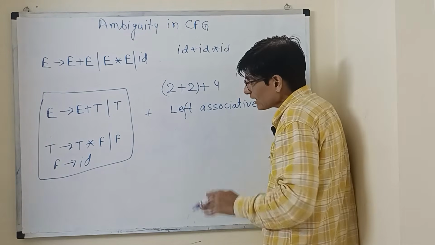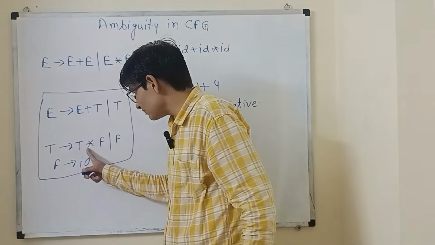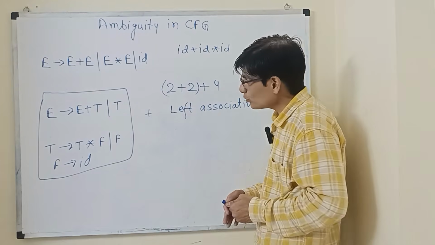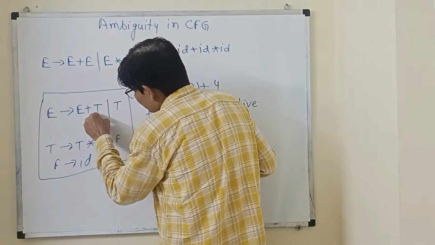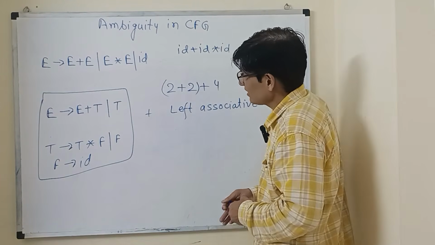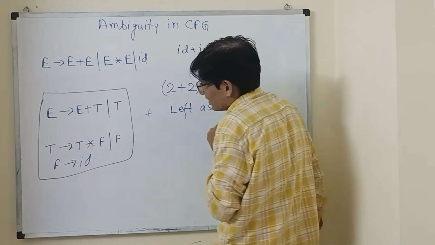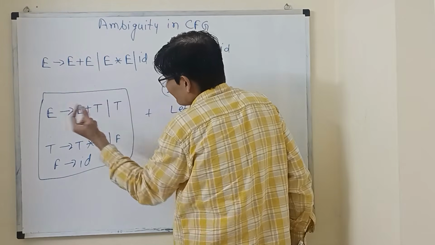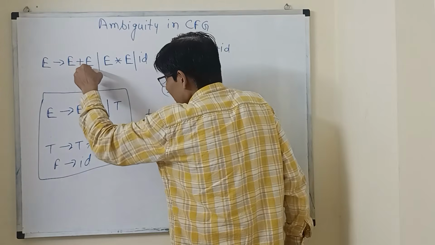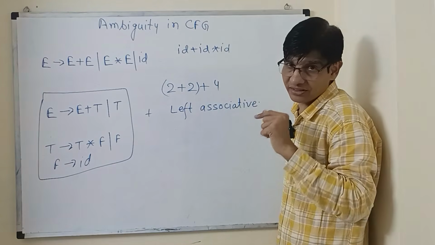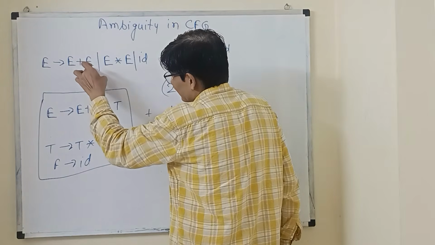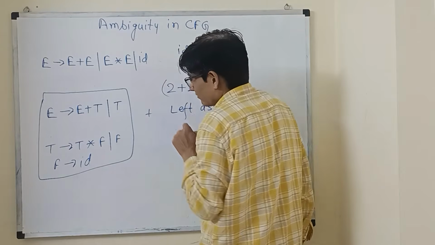So both the operators were left associative in this case. And if you have a left associative operator, then you will replace the right occurrence of the variable with another variable. Here we have E plus E, and plus is a left associative operator, so we will replace the rightmost occurrence of the left hand side variable E with another variable.